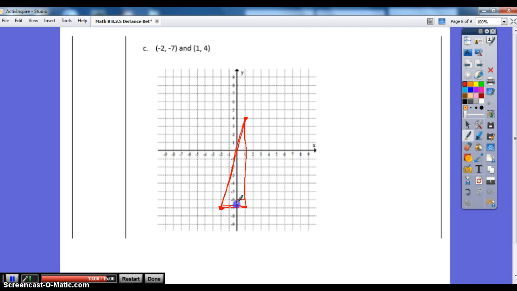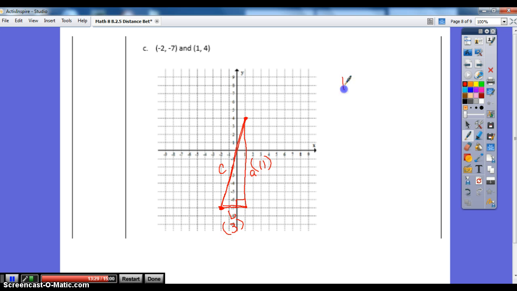You have yours, this, C, A, and B. How long are your A and your B? A is 11. What is B? 3. That's going to help some of you.